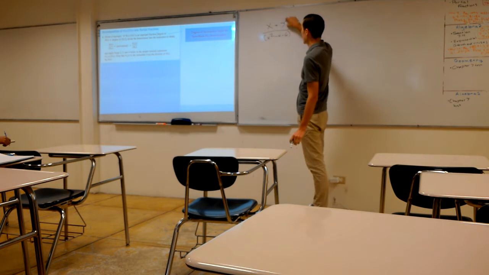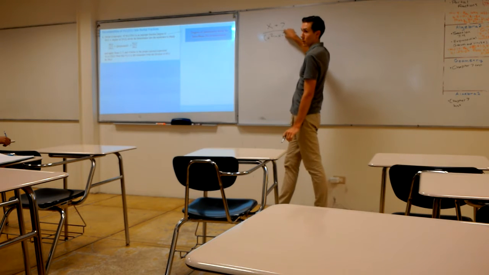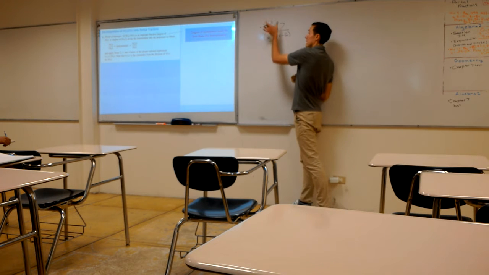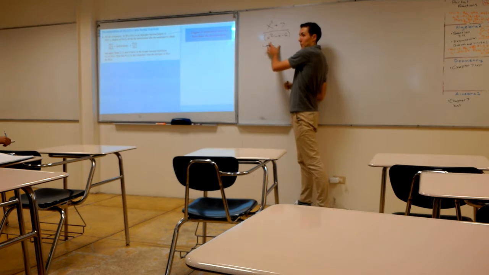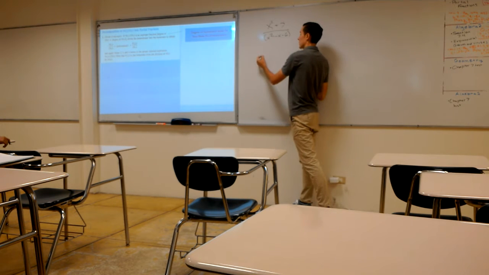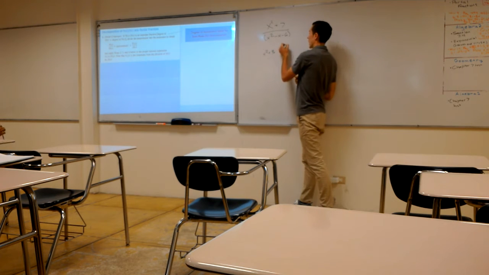If the numerator is bigger, say if this were x cubed plus 7, I would have to use polynomial long division, dividing this by this. The answer would be something like x squared plus 2 plus a remainder, something like x minus 7 over x plus 2.